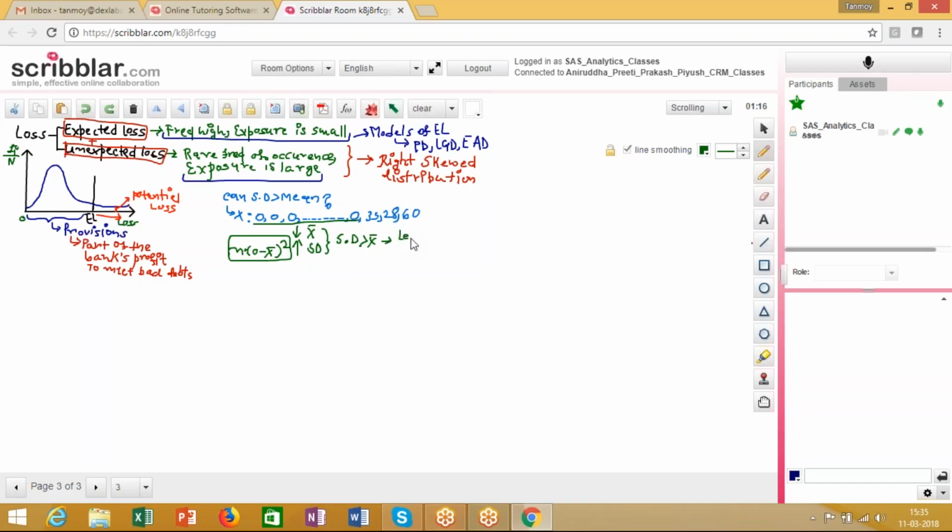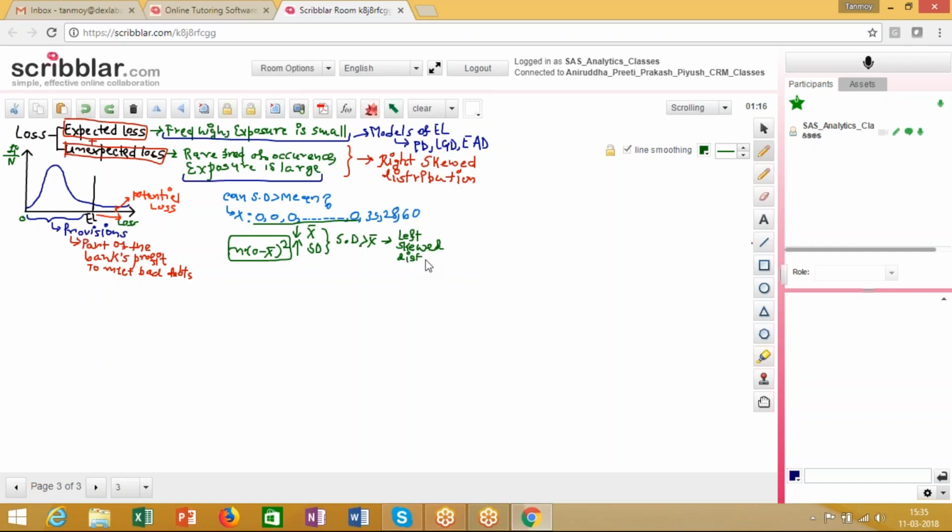So your standard deviation can be greater than the mean in case of left skewed distribution where a majority of the values are concentrated at 0, where there is a significant concentration at 0. Right?